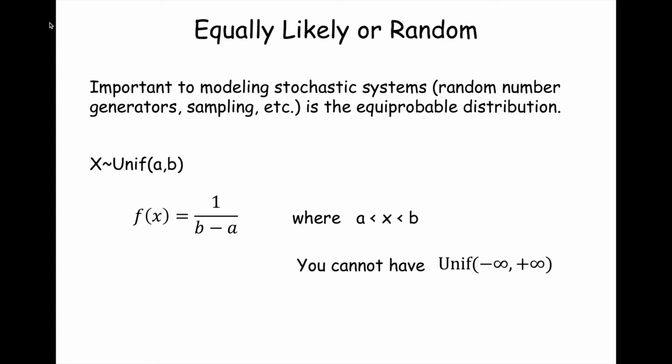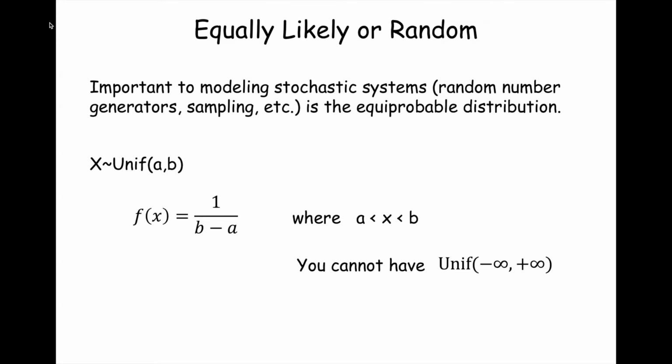The value of this probability for uniform is 0 up until the point where we get to a, and the probability is 1 over b minus a for all those values in between a and b. Then all values of x greater than b, it goes back to 0. So this is what our uniform distribution looks like.